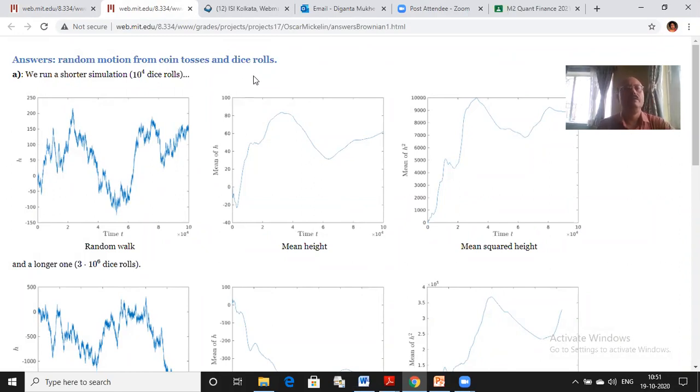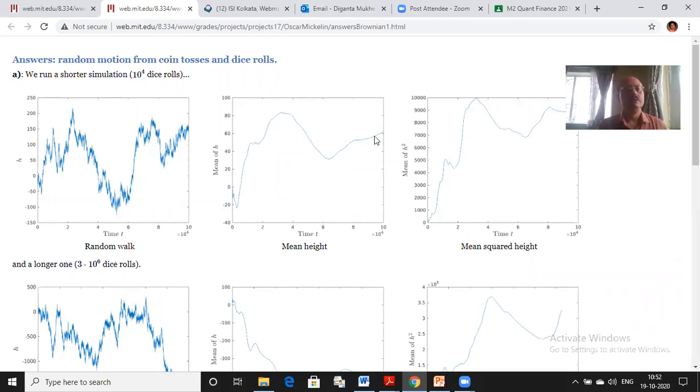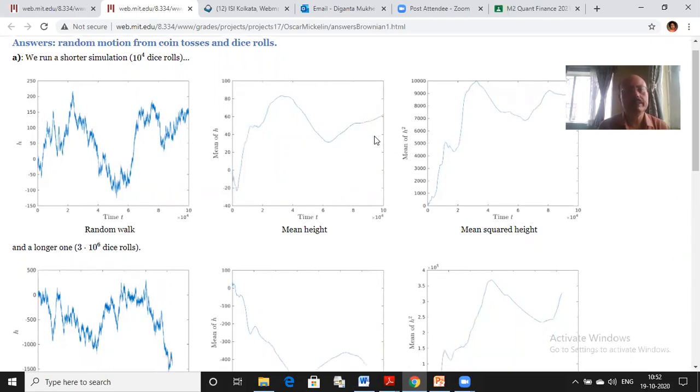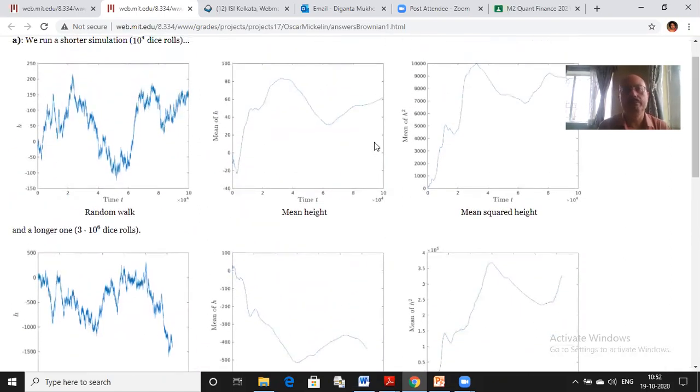So this is a random motion from coin toss, where at any point of time you can either move up one step with probability half and move down one step with probability half. But yes, is there any question? So this process is our fundamental building block.